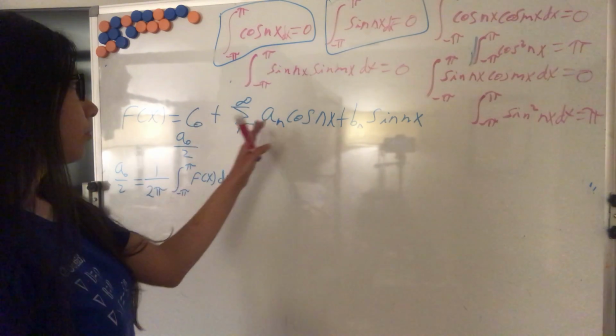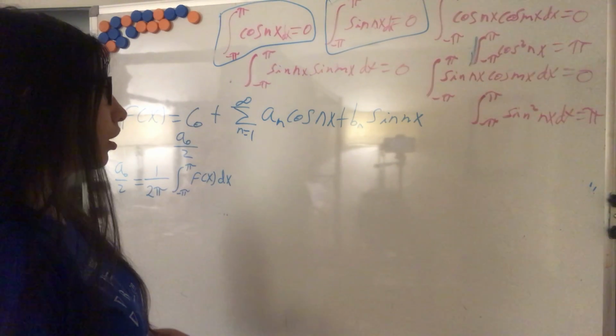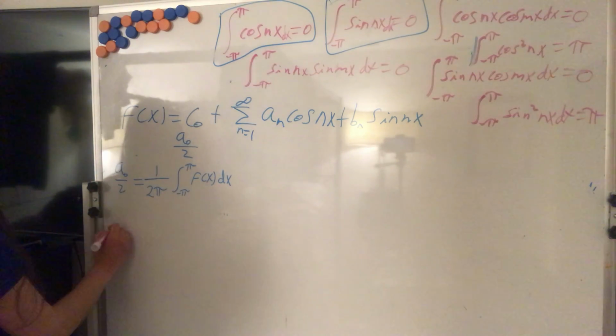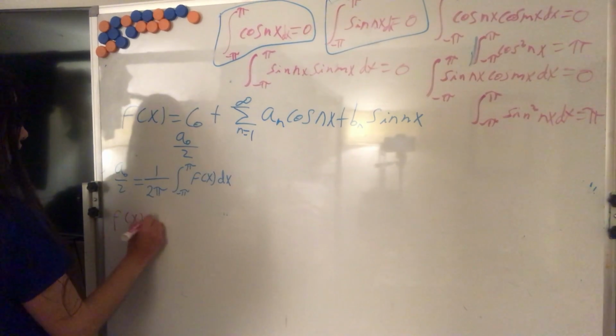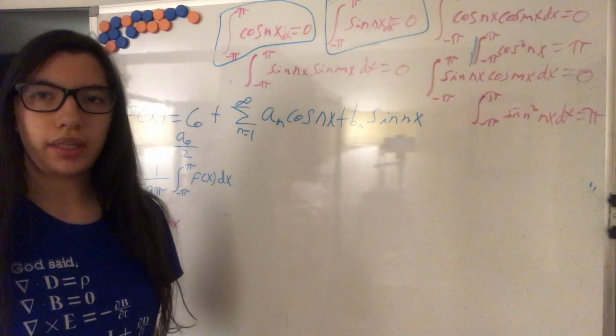So first let's find the a sub n terms. Let's multiply everything by cosine of nx.